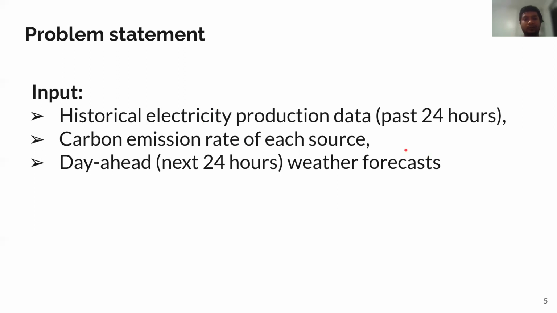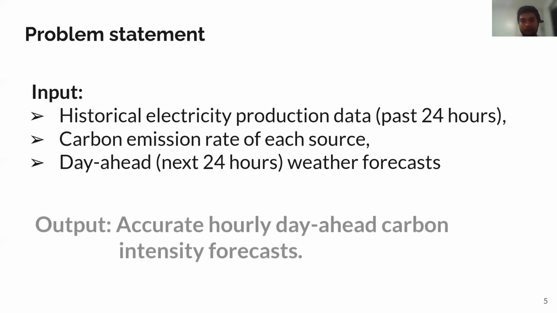For example, if we know that tomorrow is going to be cloudy, we can expect that the electricity generated from solar energy will be less tomorrow, and this in turn will affect tomorrow's carbon intensity. We take all these as inputs and then we output accurate hourly carbon intensity forecasts. In this paper, we only talk about day ahead, that is, carbon intensity forecast for the next 24 hours.